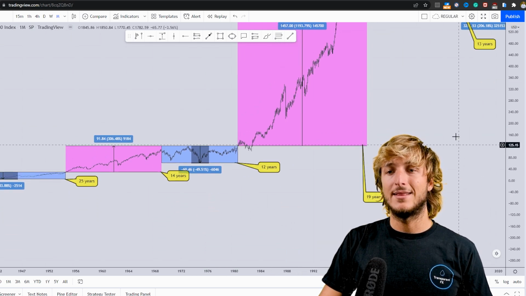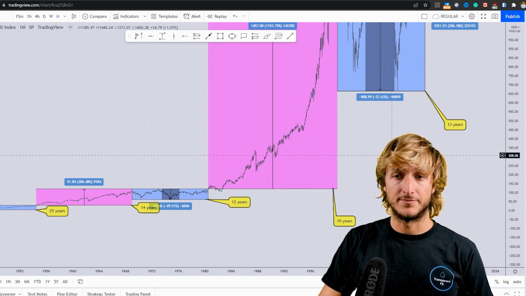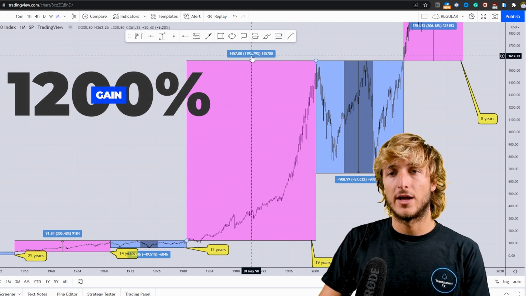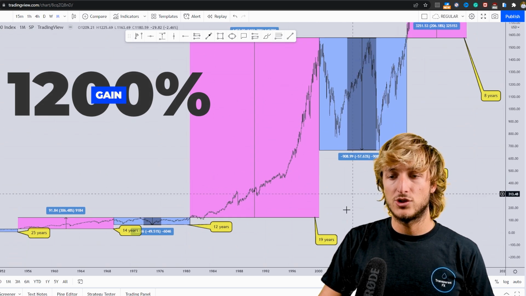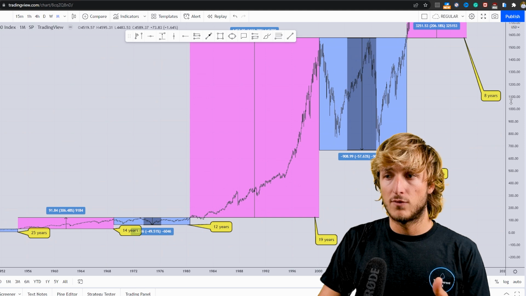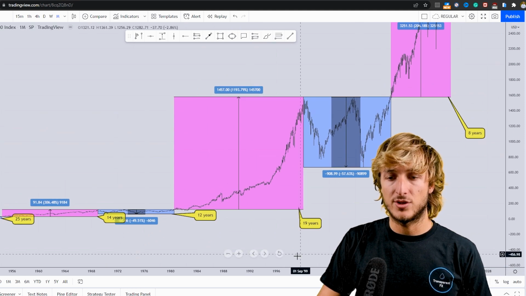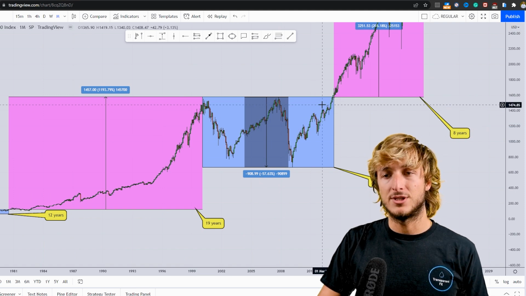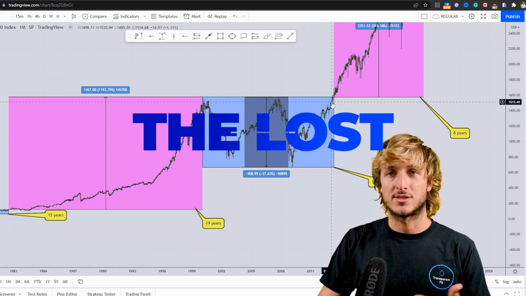After that, we had the biggest bull run so far, which was a 1,200% gain, which lasted 19 years. Following that, we had the last ranging period, which obviously lasted 13 years. Everybody knows this as the lost decade.